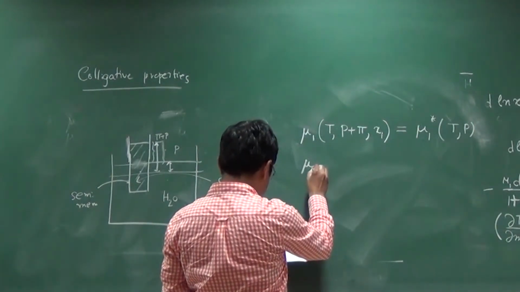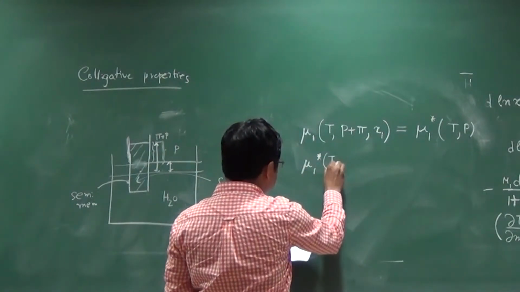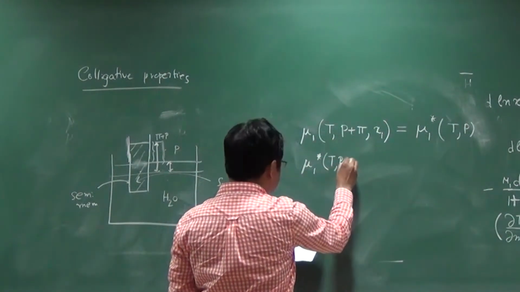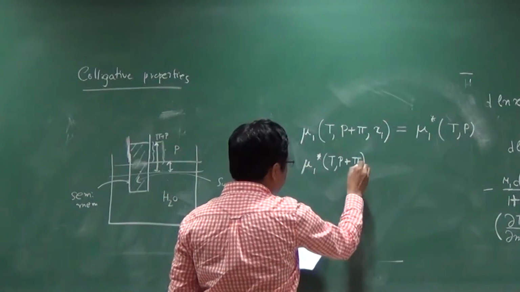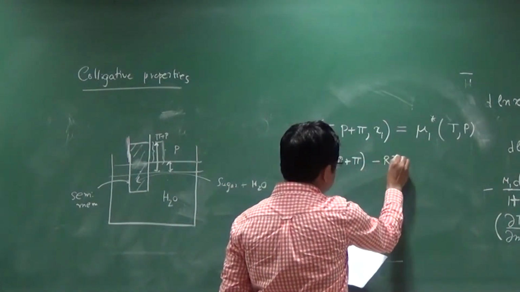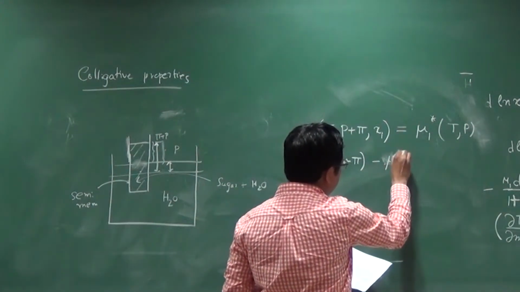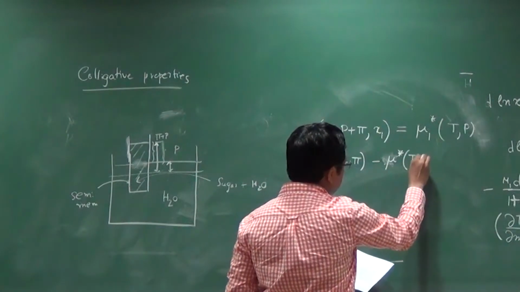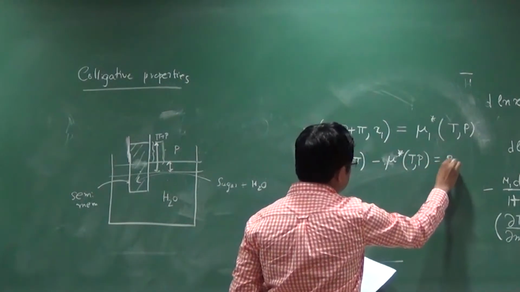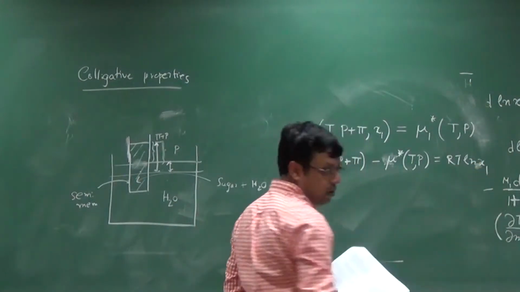So I have basically mu1 star, which is a function of temperature T plus pi, and I can keep the minus RT ln x1 on the other side, and I'll have mu1 star(T, P) equals RT ln x1.